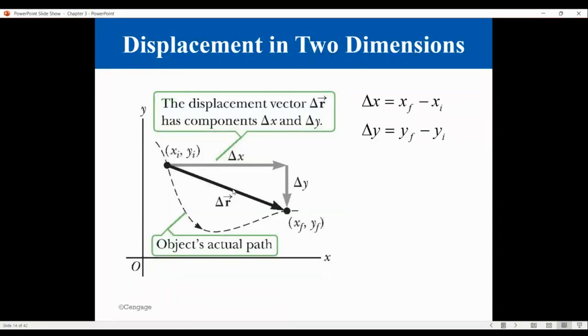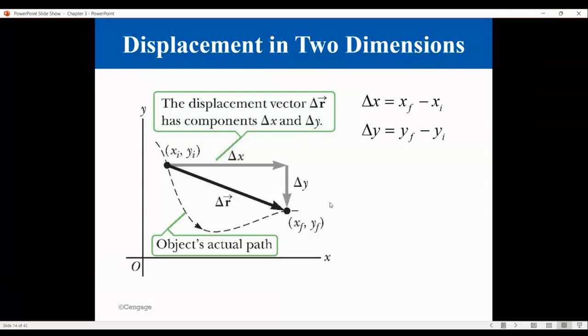What it essentially means is that when it traveled from the first point P to the next point Q, it traveled a certain amount delta X and a certain amount delta Y. Once we vectorially sum these two, we get the actual vector which represents that, but the actual path is just this curved path. I'll say that again.